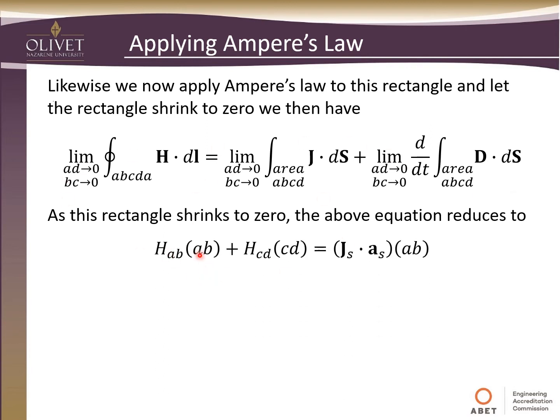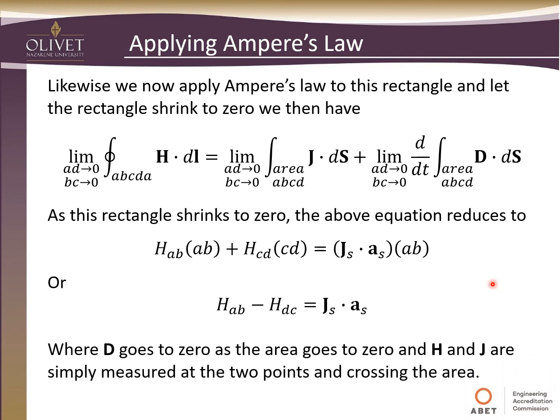So again, we're having the tangential components here, and then we're having the current as it's crossing our differential surface times the AB component. So we can rewrite that as this, just the magnetic field evaluated at the points. And so here our displacement goes to 0 as the area goes to 0, and the magnetic field and the current density are simply measured at 2 points crossing the area.